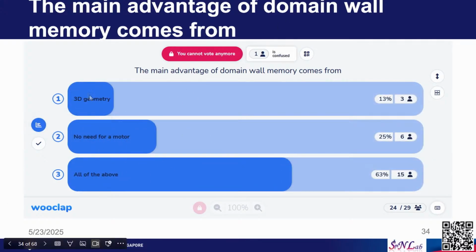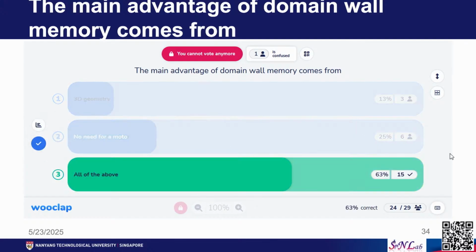Okay, all of the above is the correct answer. Domain wall memory has a 3D geometry, so we can have high capacity, and it does not need a motor, so we can operate at low energies. Okay, so both are correct.